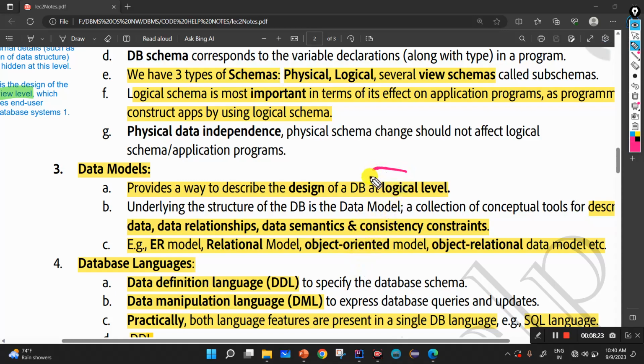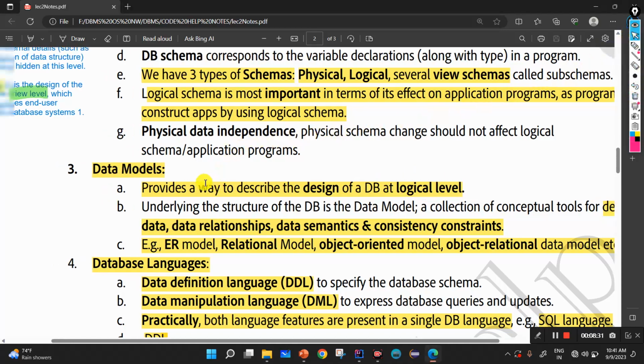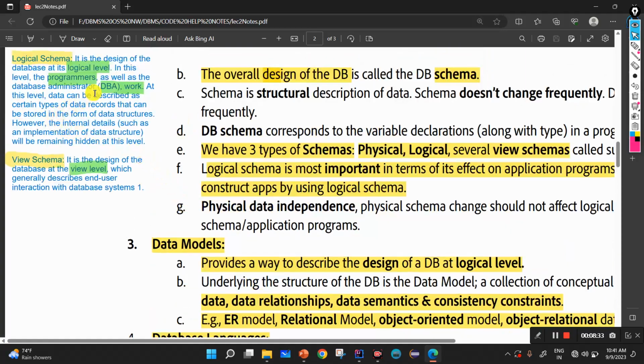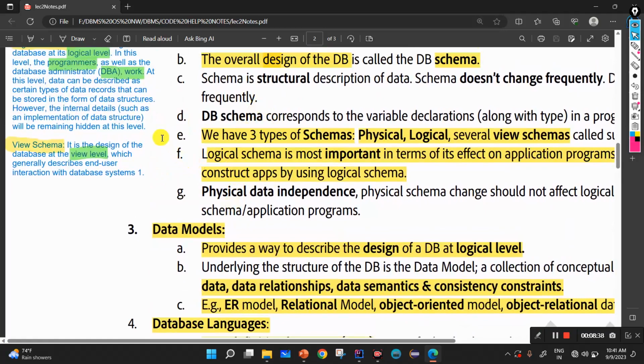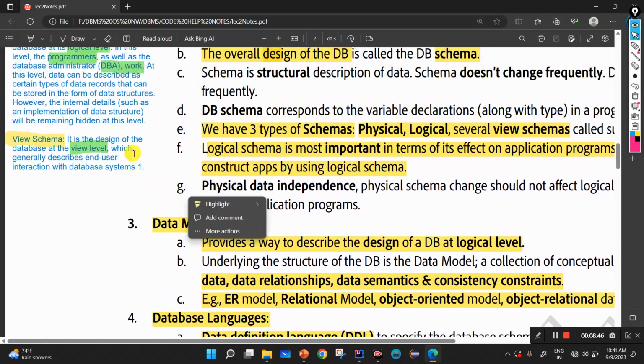It describes the schema at a logical level, because data models are related to the DB, meaning the database administrator. Data models are important for what data is stored and what the relations among the attributes or elements are. These things are totally managed by our DB.